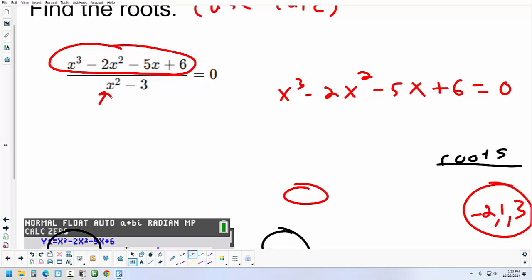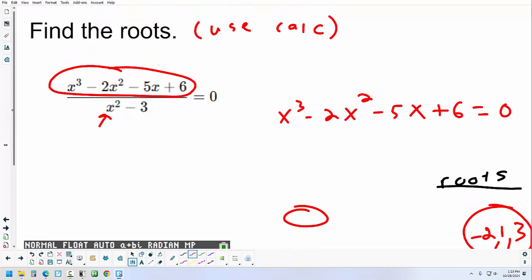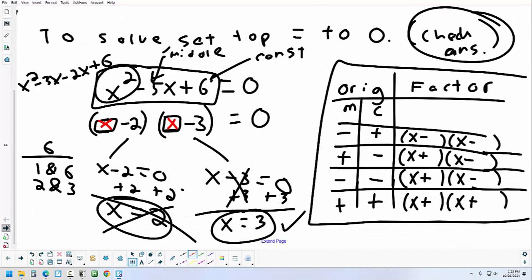No. And if I plug in -2, what's -2 to the second power? 4. What's 4 take away 3? That's fine. 4 take away 3 is 1. None of those numbers cause you to divide by 0. So yes, you should always check them like I showed you, but in this case, they were all fine. If you get one that causes you to divide by 0, remember, cross it out.